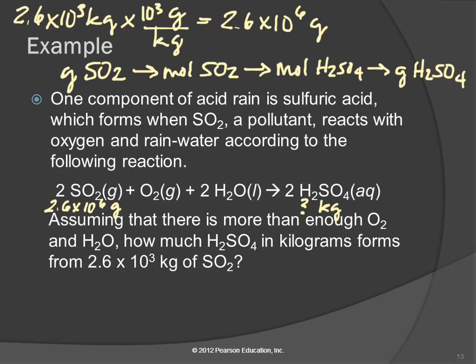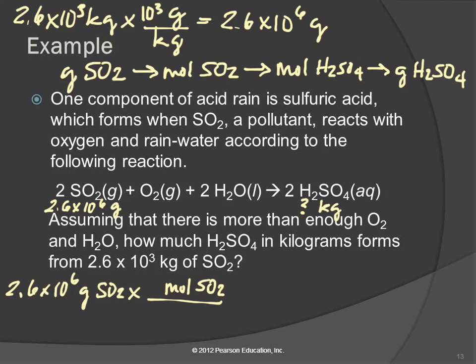I'm going to start with the mass of SO2. 2.6 times 10 to the 6 grams of SO2 times, we want moles of SO2 there.